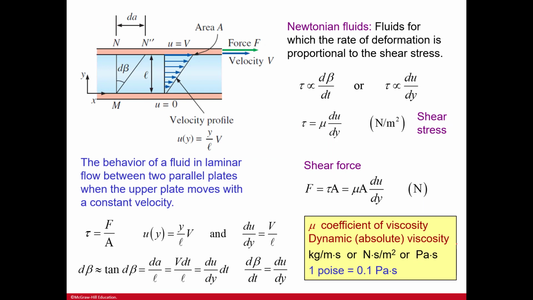The behavior of a fluid in laminar flow between two parallel plates when the upper plate moves at a constant velocity. So here, remember, we're looking at everything normal too. So here's this XY, and then we have these two plates, 1 and 2, and this plate over here has a force and this has a velocity.